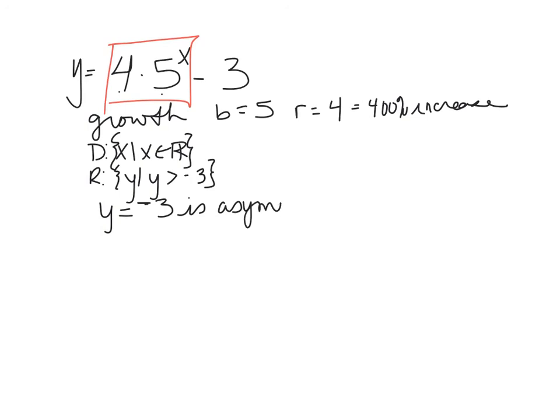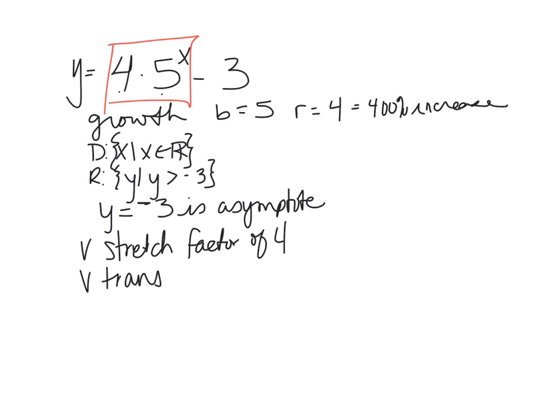That's my asymptote. And then my transformation is a vertical stretch factor of 4, then a vertical translation down 3.